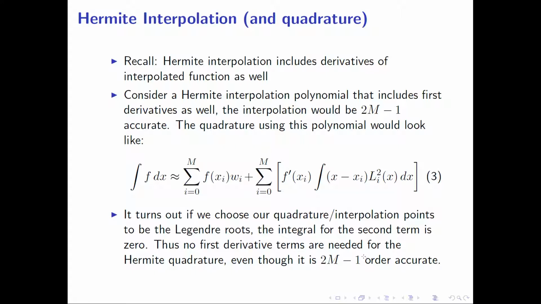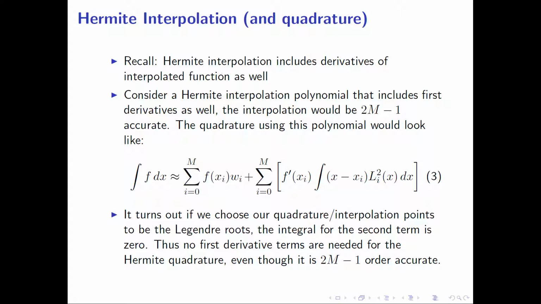So in reality, we can do a little bit better than, or actually quite a bit better than, the m-1 order accuracy for the quadrature. So recall that an Hermite interpolation builds upon Lagrange interpolation by not just using the value of the solution at a set of nodes, but also some subset of its derivatives at those points as well.